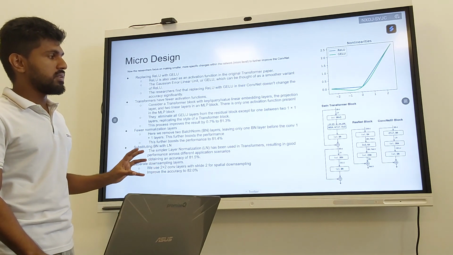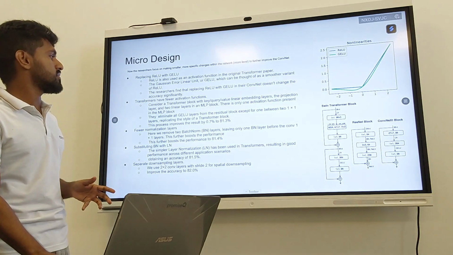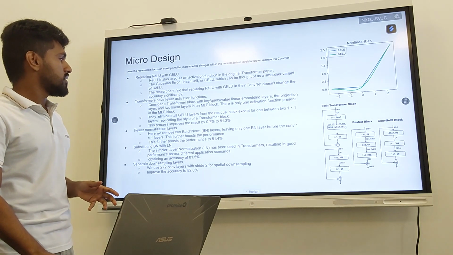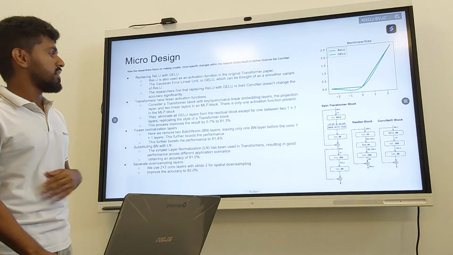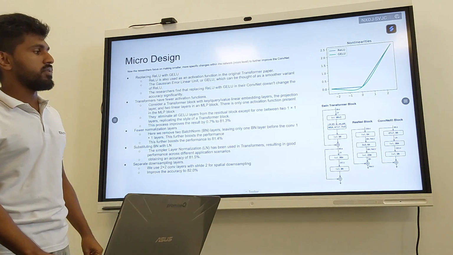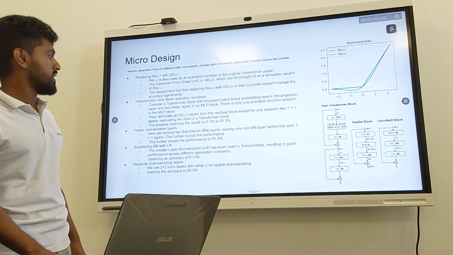By using fewer activations, they increased the performance by 0.7 and achieved 81.3 accuracy on the ImageNet dataset.